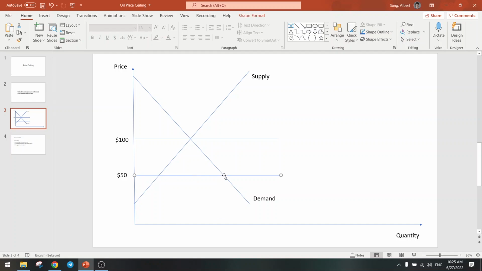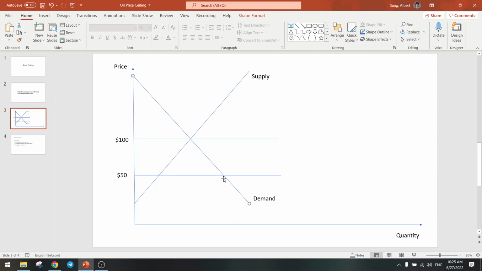Let's take this one first. If the price of oil goes to 50, that means that I will buy more oil because it's cheap. So from the perspective of the consumer, this is very good. I will buy more. Okay.